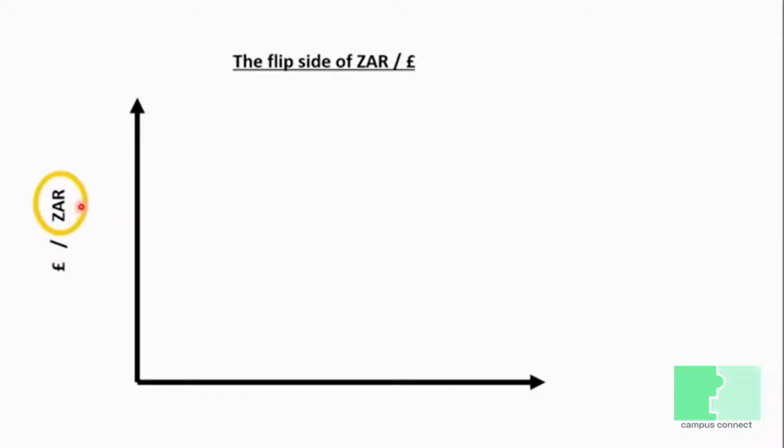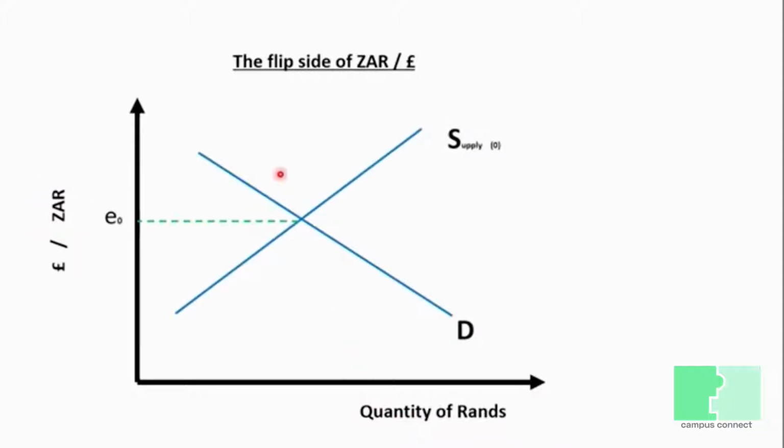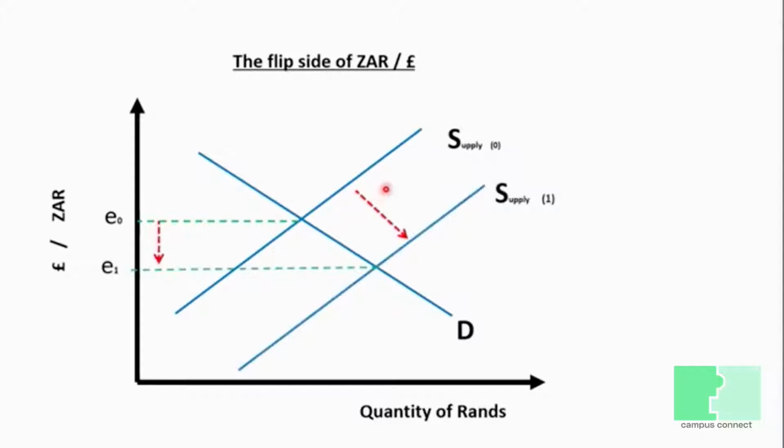By focusing on the label on the y-axis, you find that everything on this graph is about your rands. So when you increase your demand for pounds, what actually happens to your rands? There's your equilibrium exchange rate, there's your supply of rands, there's your demand for rands. When we increase the demand for pounds, we have an increase in the supply of rands.